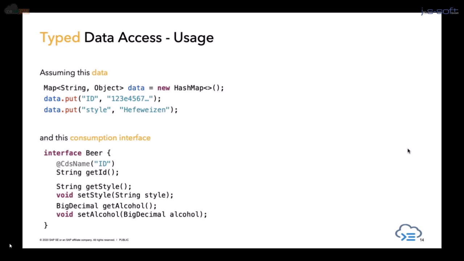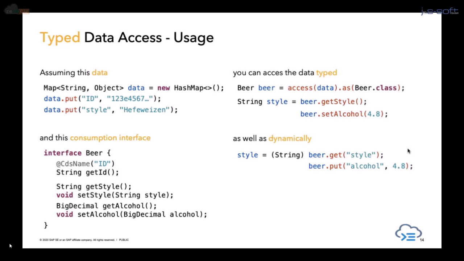Now, based on this, with the data and the interface, you can access the data using our data API just by writing access. This is a method you can statically import, accessData as, and then provide the interface you want to access the data with, and we return a proxy that enables you to access the data in a typed way.